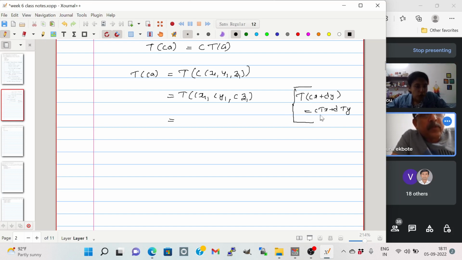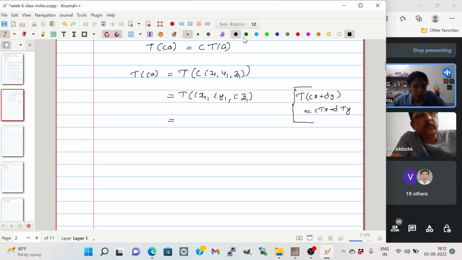It should be true for all C, not just one C. Any C we are saying. That's why we are taking in general any C scalar in the field F. Yeah, we need to check both the conditions separately like this, or you can check combined, scalar multiplication and vector addition combined.